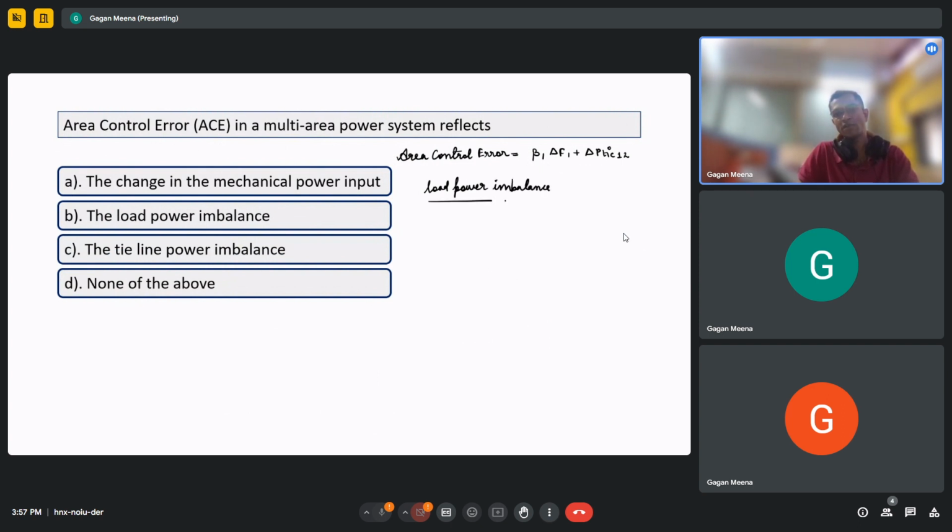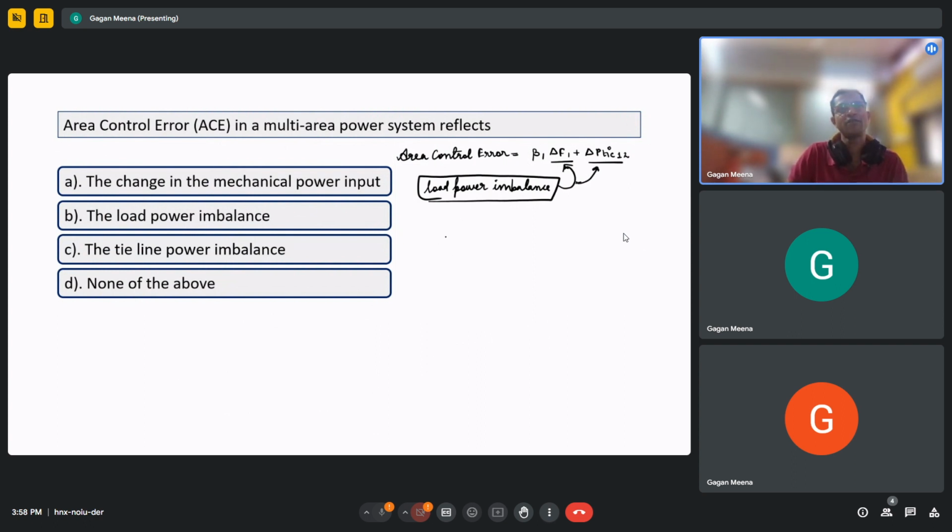Because only this load power imbalance results in these two things. Whenever there is a load power imbalance, there will be a change in the frequency of area 1, and also in the tie line power flow from area 1 to 2.